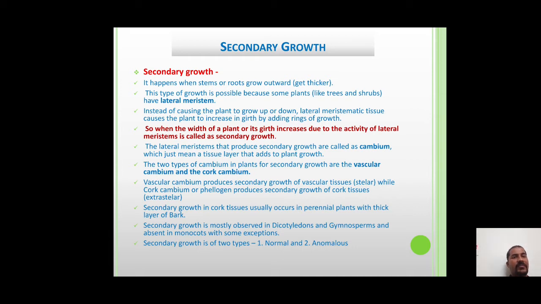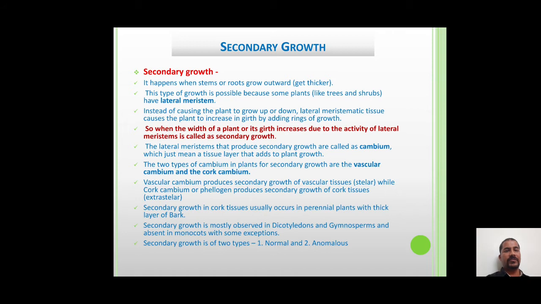The vascular cambium produces the secondary growth of the vascular tissues which are present in the stellar region of the plant, while the cork cambium, also called the phellogen, produces the secondary growth of the cork tissues in the extrastellar region.